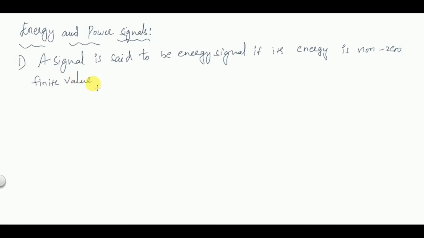So it should be a finite value and it should not be zero also. Zero is also a finite value, so it should not be zero. Non-zero finite value, that is 0 less than E less than infinity, where E represents the energy of the signal. So this is the condition for an energy signal.